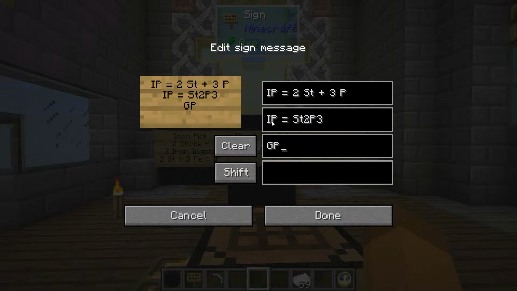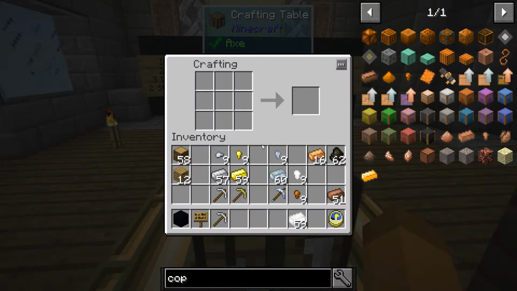Similarly, we could say that a gold pick is made of 2 sticks and 3 gold. And an osmium pick is made of 2 sticks and 3 osmium. And this all checks out, right? That's exactly how we would make an osmium pickaxe. We'd have some sticks, and we'd toss that in here, and we'd toss some osmium on top.